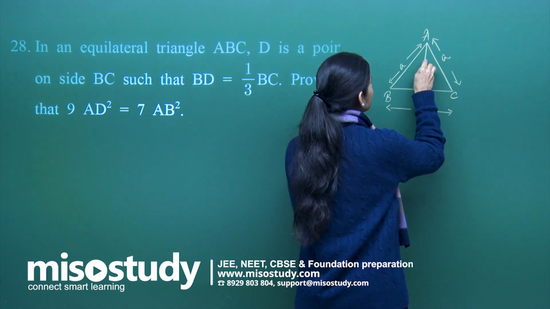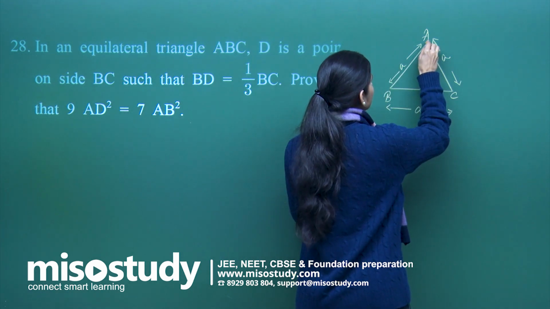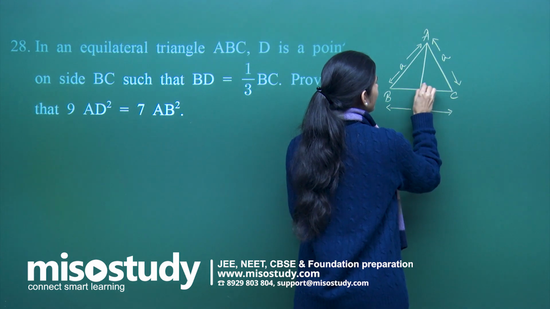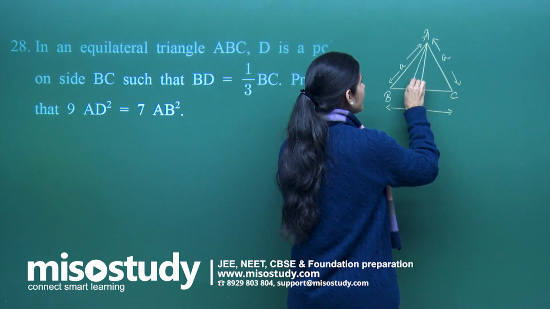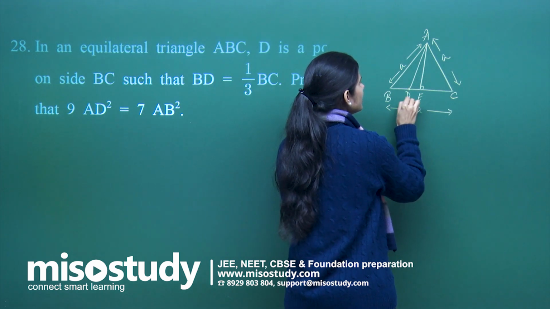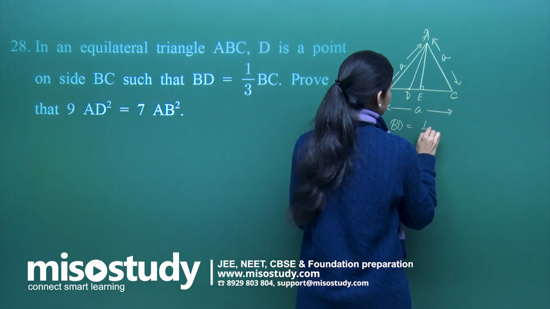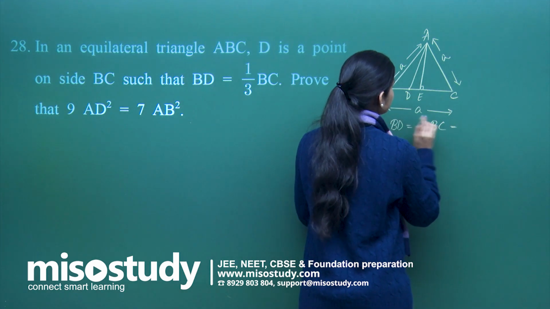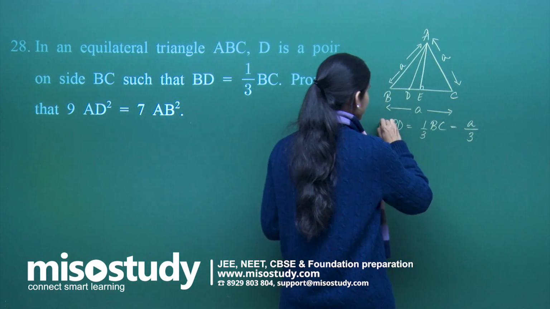So let me say this is E and AE is perpendicular to BC, and somewhere this is the point D such that BD is 1/3 of BC. But BC is of length a, so BD is a by 3.